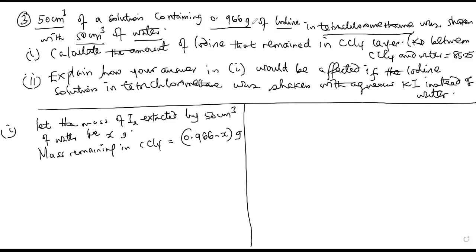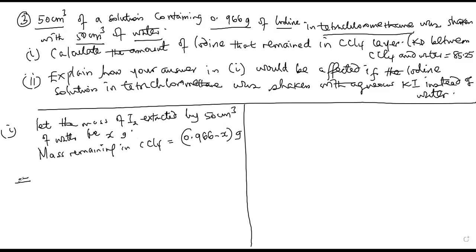Here you know the mass in tetrachloromethane, and you've said that the mass of iodine extracted by 50 cubic centimeters of water be X, because you don't know the one for water. If X goes to the aqueous layer, then what remains in the organic layer will be what you have minus what had gone to the aqueous layer.